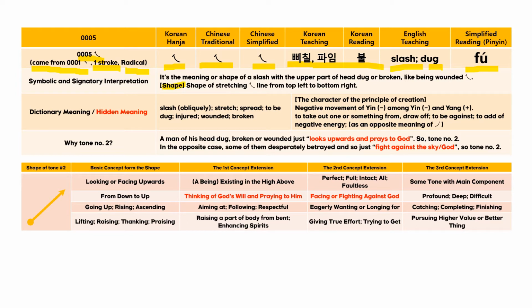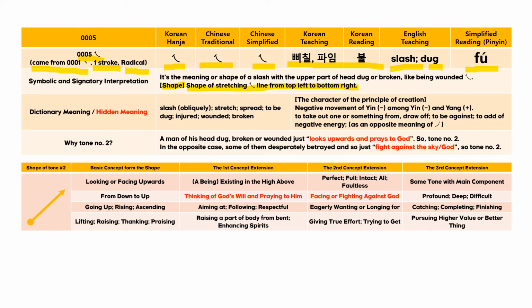This character is the shape of stretching or spreading or slashing a line from top left to bottom right. You may wish to remember this character through this shape, right?